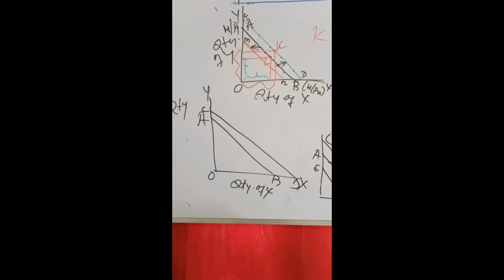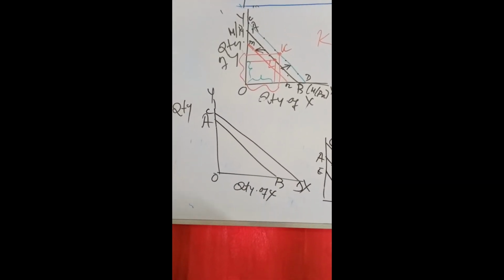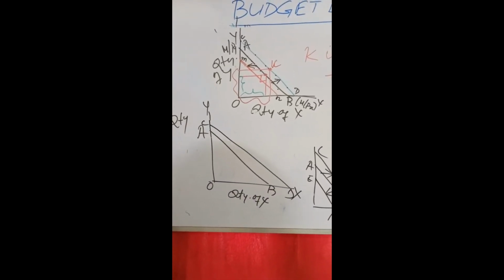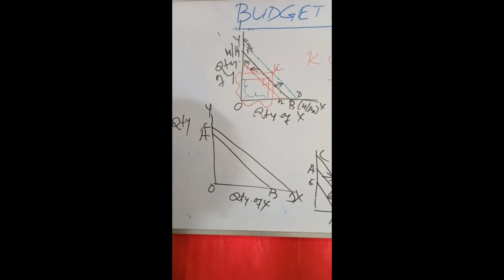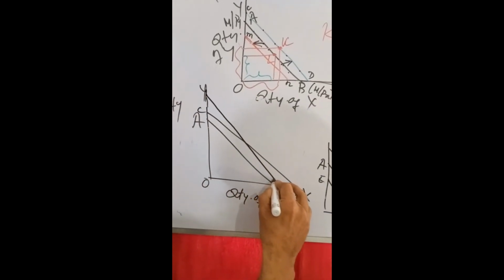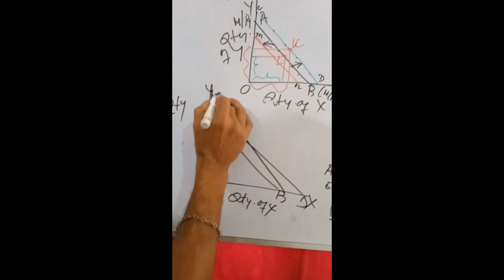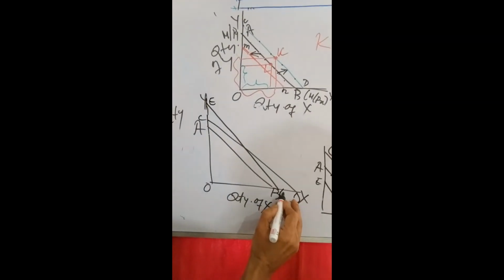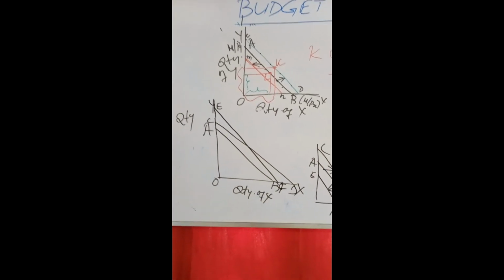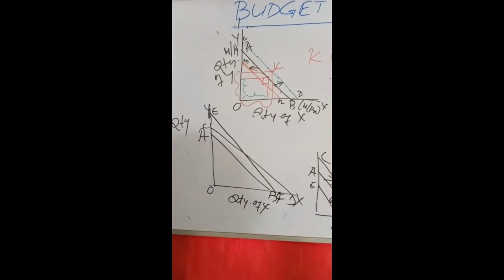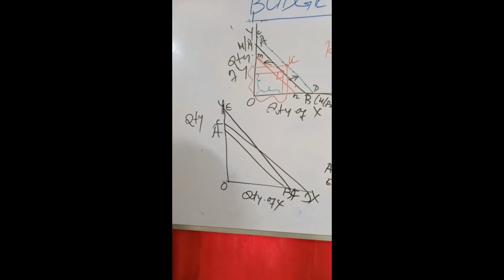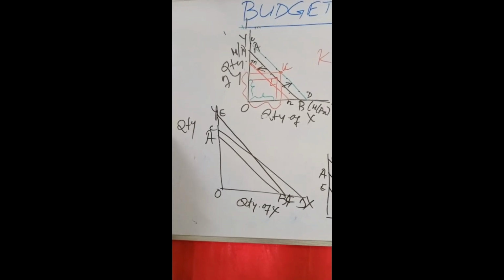If price of Y falls more proportionately than the proportional fall in price of X, then this will be the budget line, say EF. So what will be the ultimate slope of the budget line? That depends on in what proportion the prices of the commodities are changing, either falling or increasing.